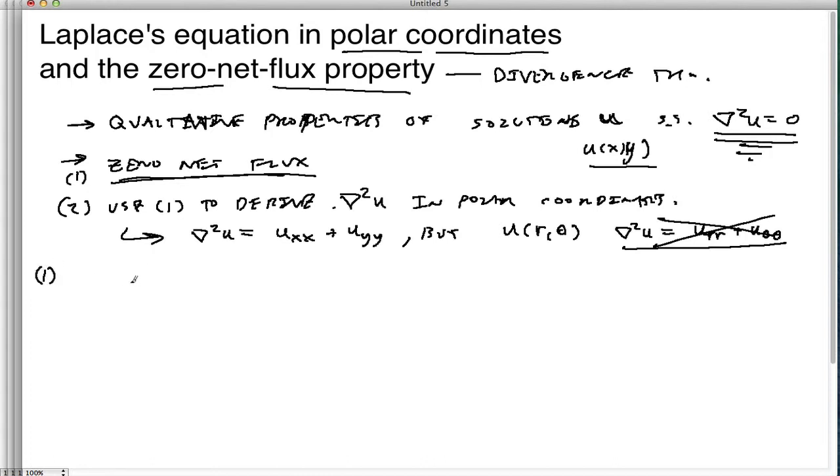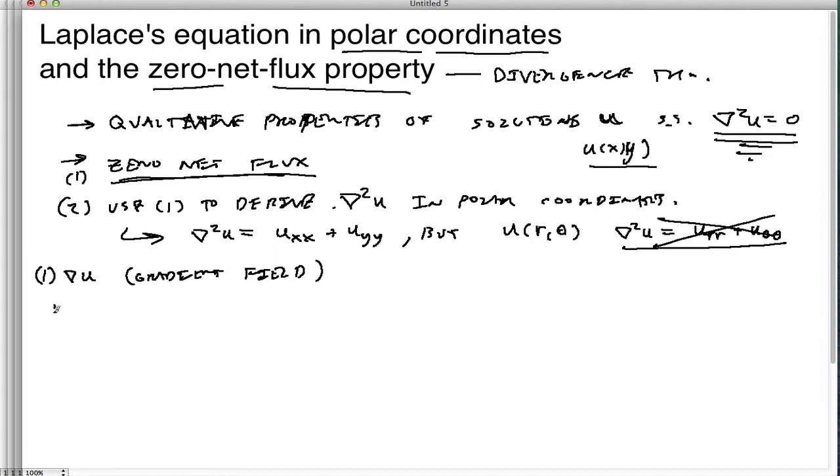All right, so the zero-net-flux just comes out of the divergence theorem. Recall that I want to talk about u, and I want to look at the gradient of it. So this is the gradient vector, that's our gradient field, defined by the gradient of u.